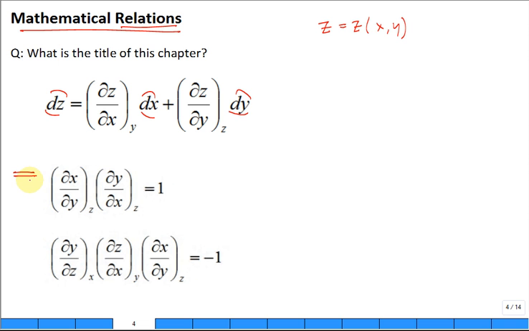What about this rule right here? This is a mathematical relationship, and it would hold on a function just like this. And this one's called the reciprocity rule. Reciprocity. How many people heard that word before?